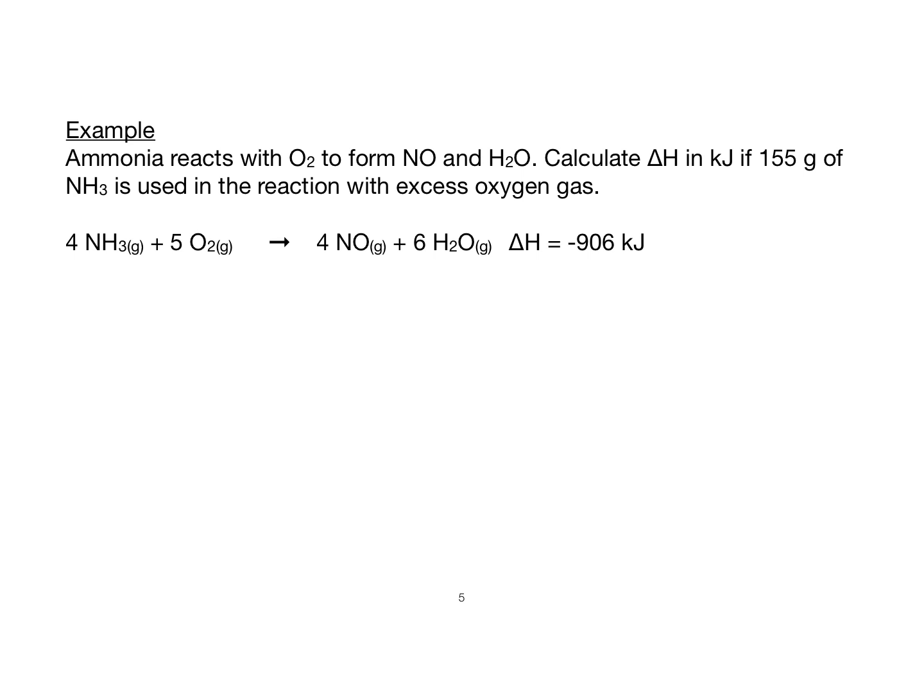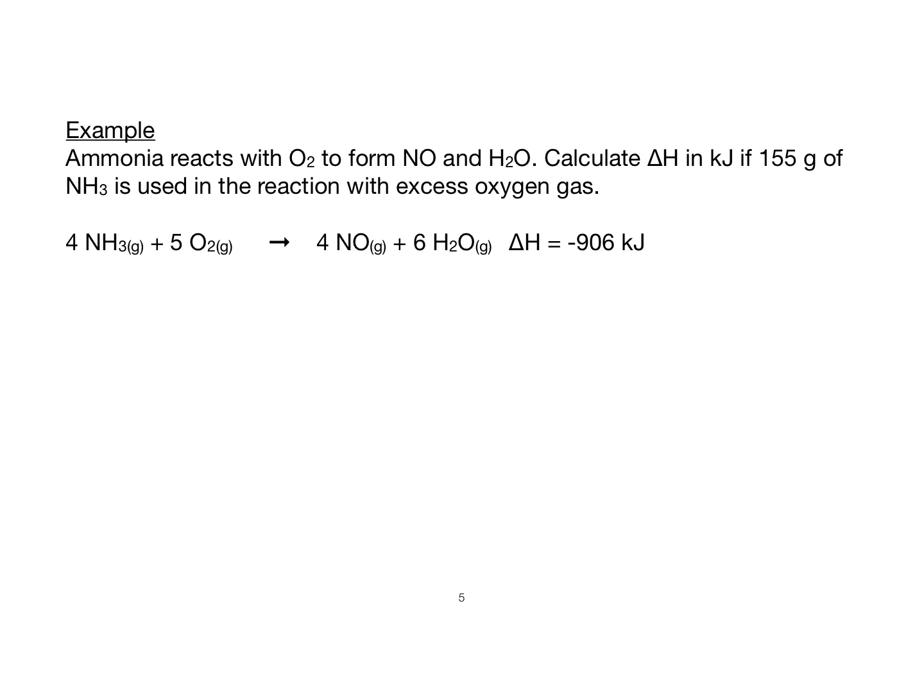So we know that ammonia reacts with oxygen gas to form nitric oxide and water. We would like to calculate delta H in kilojoules if 155 grams of ammonia is used in this reaction with excess oxygen gas.